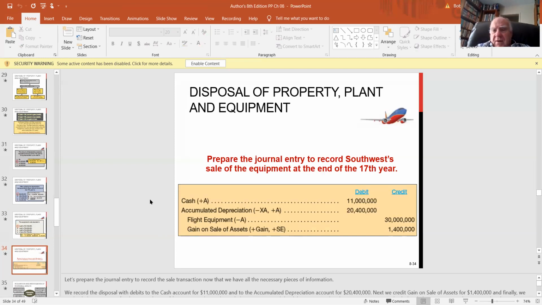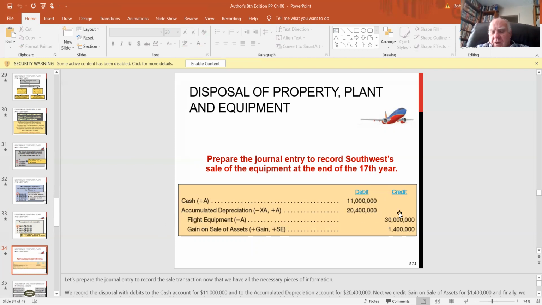Every disposal of a fixed asset is going to have a debit to cash. It's going to have a debit to the accumulated depreciation, which is a contra asset with a credit balance. So we have to zero that out. We have to remove the original cost of the asset, which in this case was $30 million.